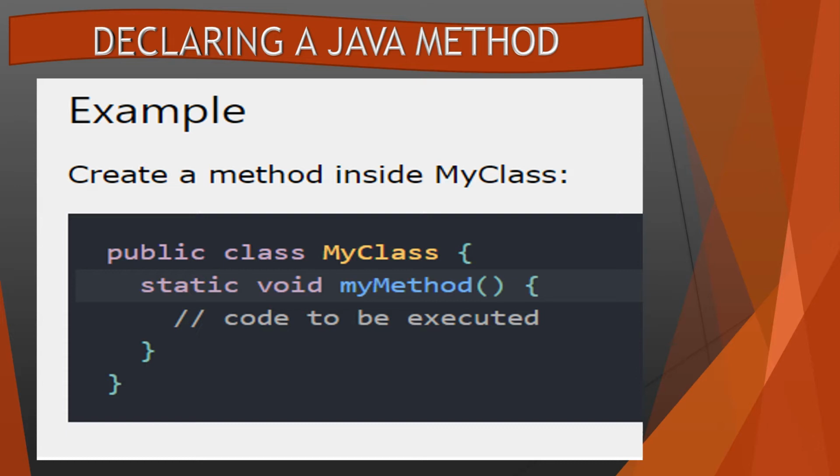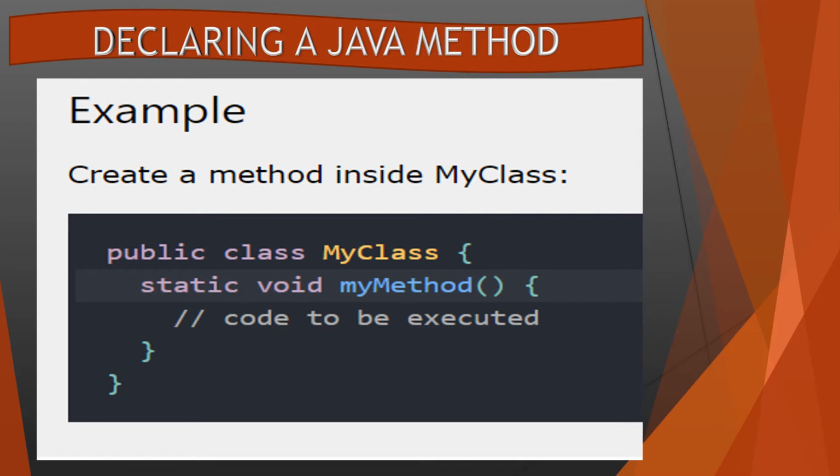We have public class MyClass, static void myMethod. myMethod here is the name of the method. And static means that the method belongs to MyClass and not an object of MyClass.